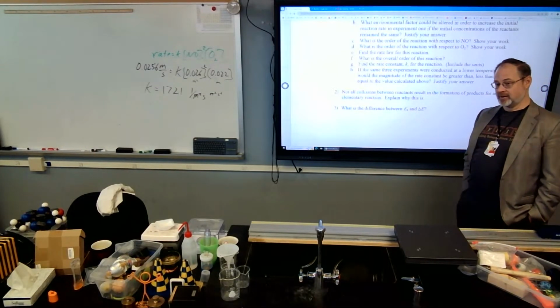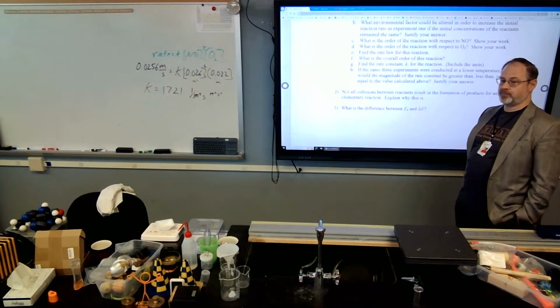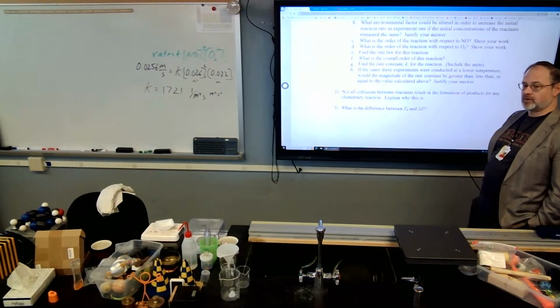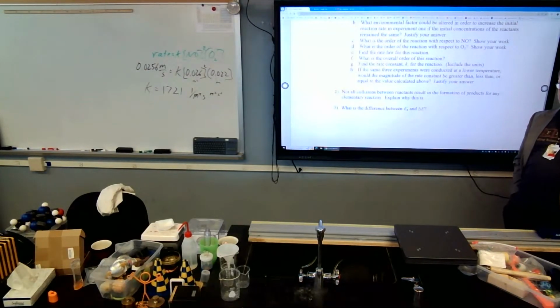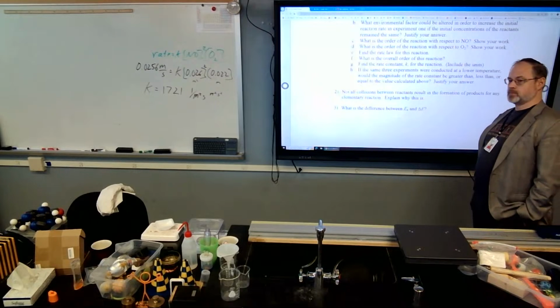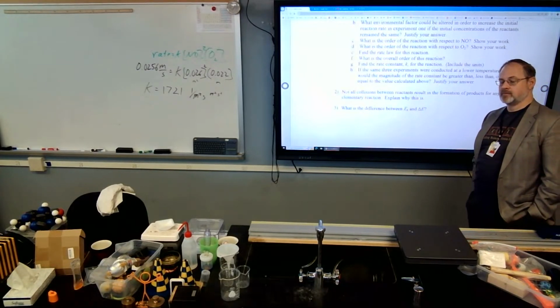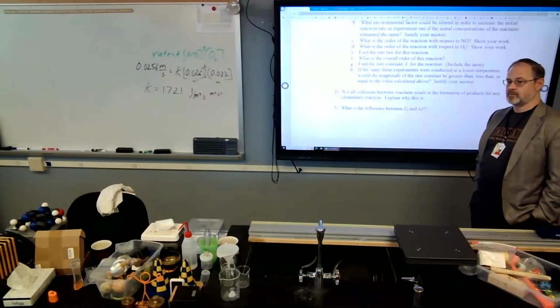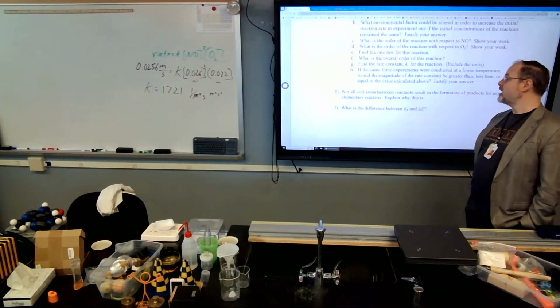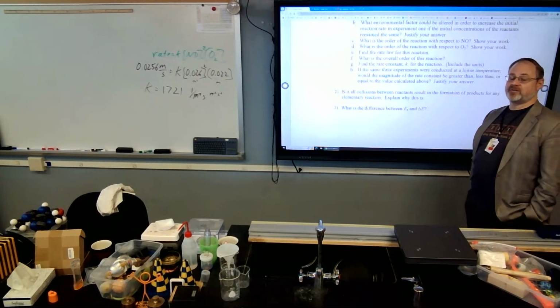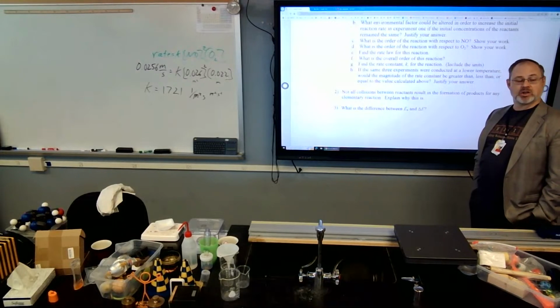Go ahead, Hank. Delta E is the amount of energy that's lost or gained in endothermic or exothermic reactions. And EA is the energy of activation that each collision must overcome.